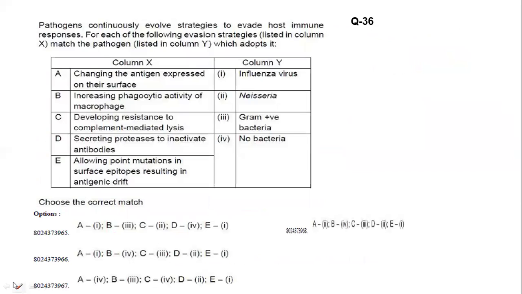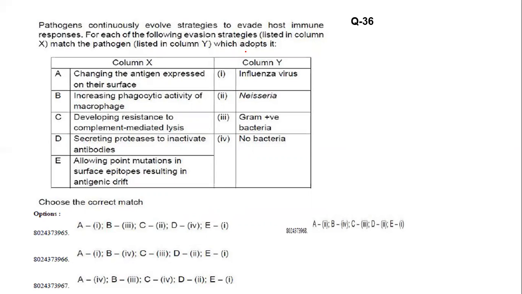Now see that in case of pathogenesis, the pathogens continuously evolve strategies to evade the host immune response. For each of the following evasion strategies listed in the column, match the pathogen.